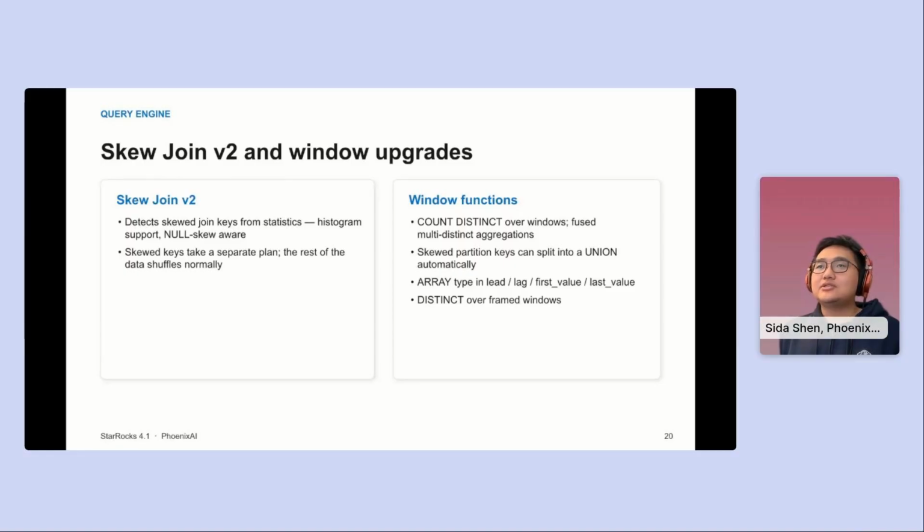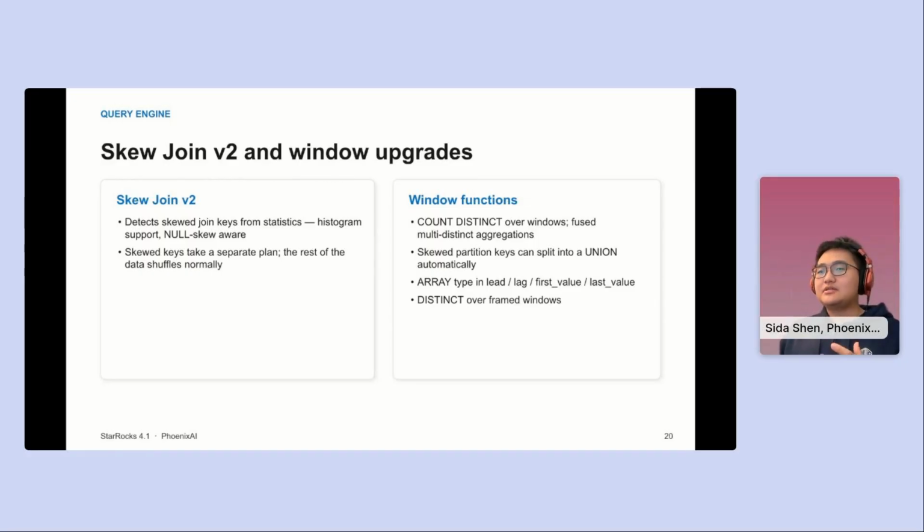So this takes care of a lot of the resource waste that comes with joining on a key that has skew. And then window functions: a lot of optimizations. Let's just talk about the first two. Count distincts over windows, and now we can write multiple count distincts over windows.